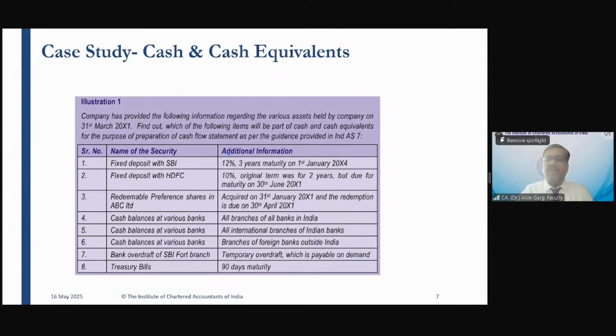So friends, this bank overdraft, and why I am telling you this, because people are making mistakes in the examination. Since you are doing your articleship and you have also prepared or audited accounting standard financial statements, this bank overdraft is a liability.